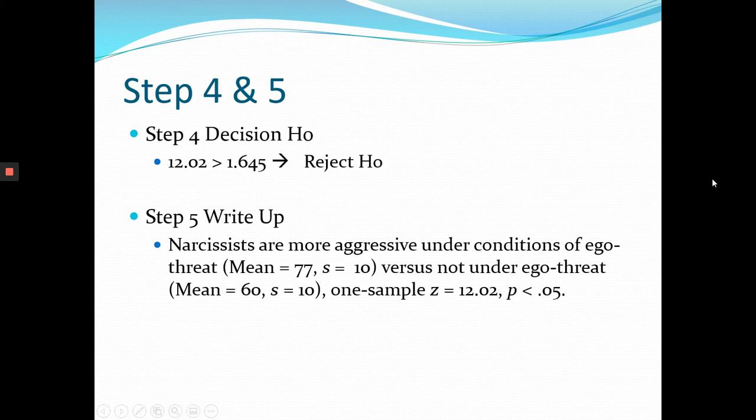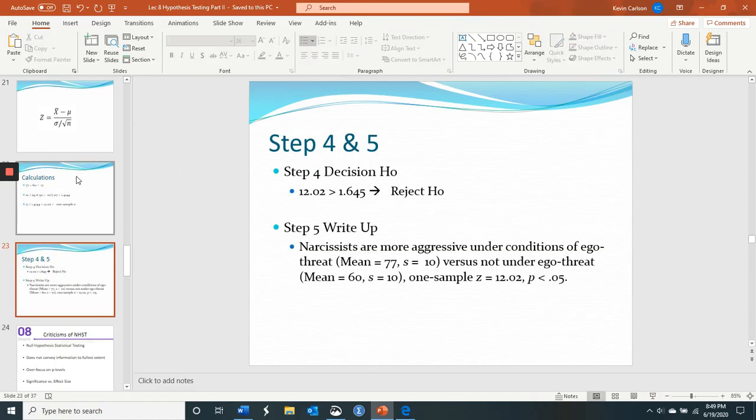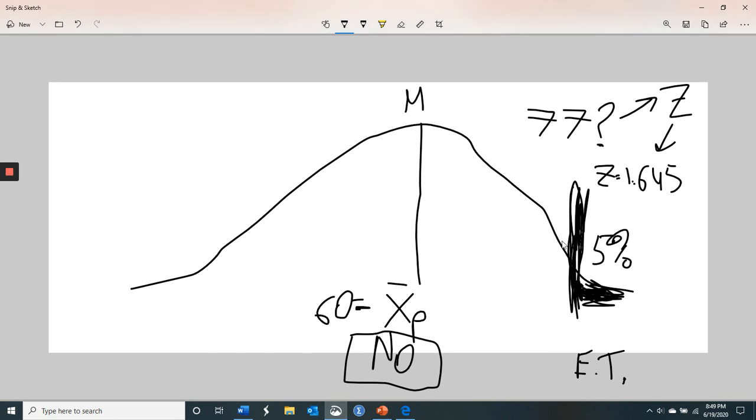So remember, in our decision for H0 in step 4, we're going to take what we calculated. So we calculated 12.02. That's from our data. And then we're going to compare that number with our decision line that we had, our critical value, which was right here.